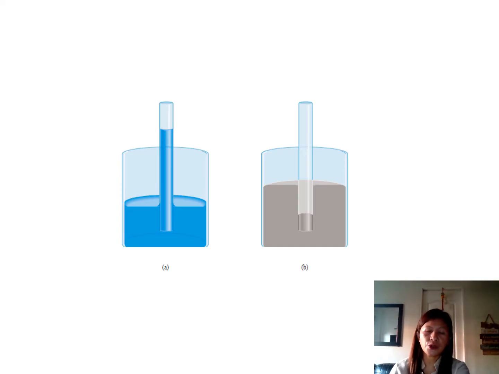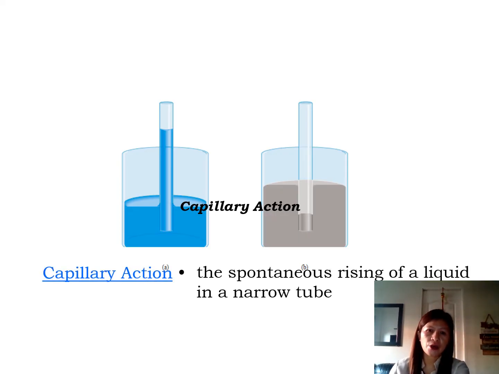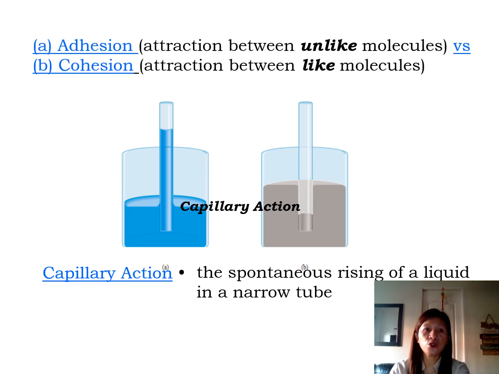Okay, we have here two liquids. Letter A is water and B is liquid mercury. So as you can see, by capillary action, there's rising of the liquid in the narrow tube. But what is the difference between the two? Let's take note of the two forces in the following. We have adhesion and cohesion. Adhesive forces are the attractions between unlike molecules, cohesion between like molecules. So where is cohesion and where is adhesion here?